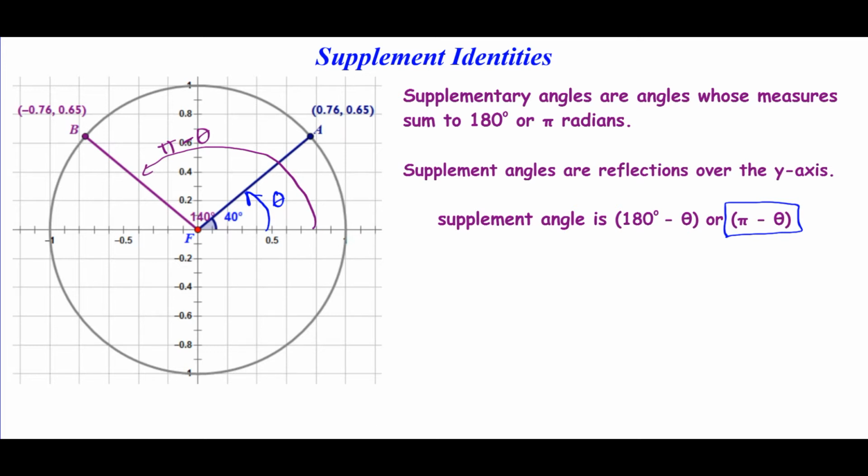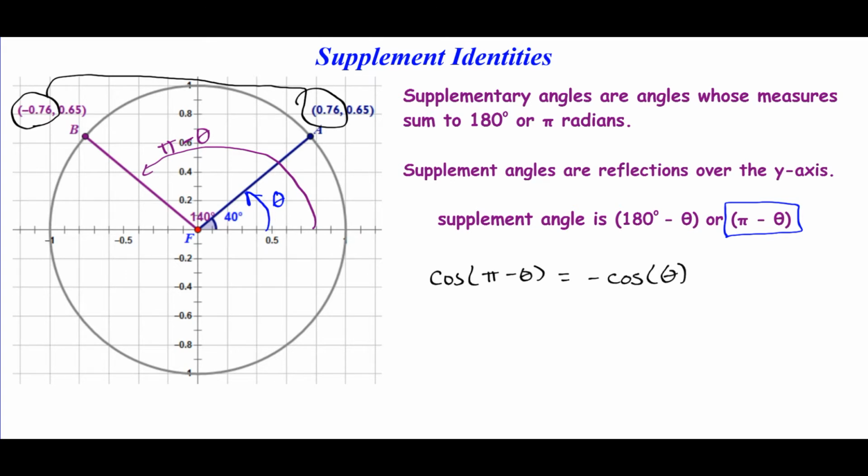So in this case, the cosine of the supplement, pi minus theta, this value here is the opposite of this value here, so it equals the opposite of cosine of theta. The y-coordinates are exactly the same, so the sine of pi minus theta is equal to the same thing as the sine of theta.